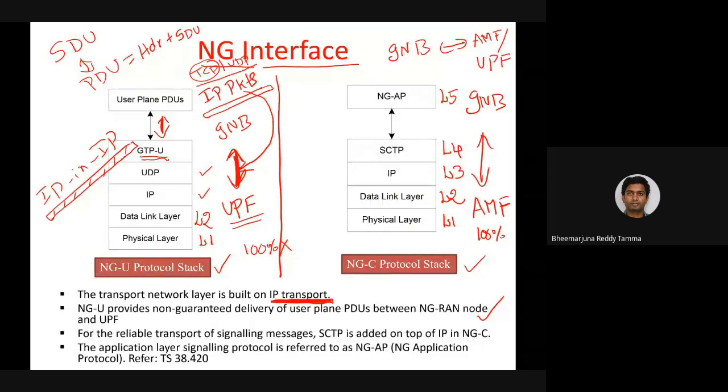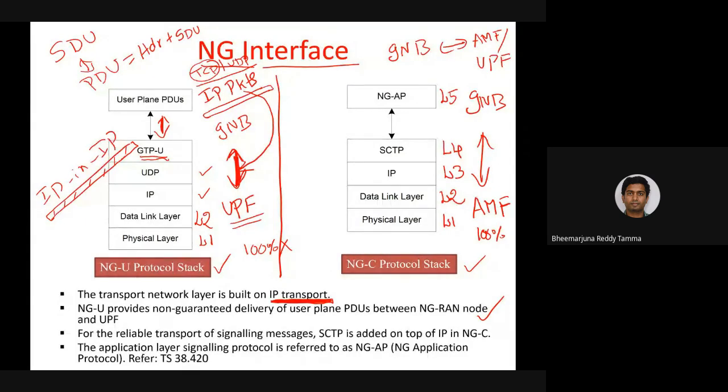Here, if you look at the NG interface, in the user plane, we are not talking about what the application layer protocol could be. It could be HTTP, SMTP, DNS, or anything else at the application layer, or it could be WhatsApp or Facebook. Facebook uses HTTPS.